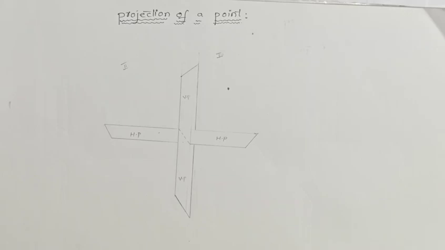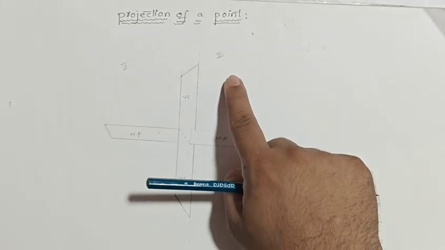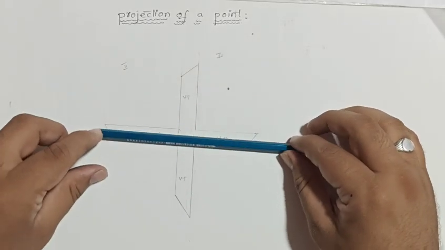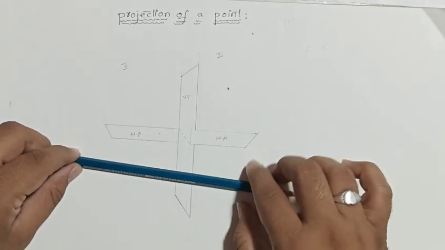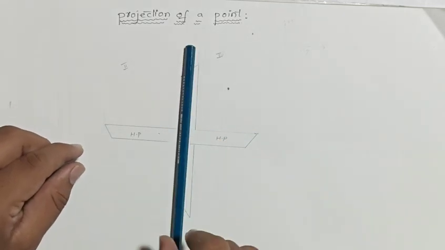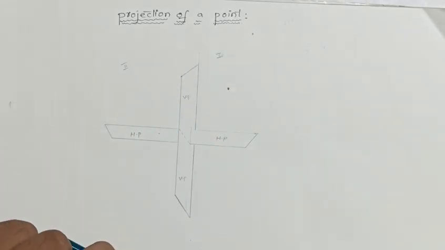First of all, we need to understand the concept of coordinate system. Let us see. So this horizontal line is called as horizontal plane and this vertical line is known as the vertical plane. Clear?